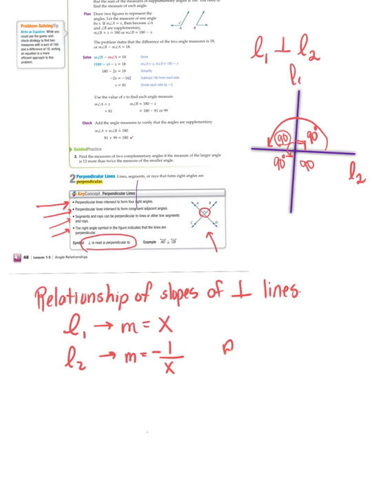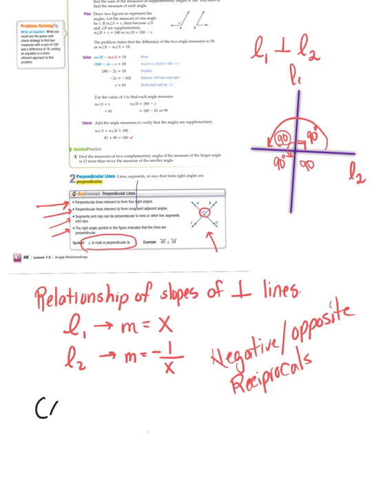They are negative reciprocals. Or you can say opposite reciprocals. So when we show something is perpendicular on the graph board, we have to find the slopes of the line, and I hope you remember the formula for slope given two ordered pairs.